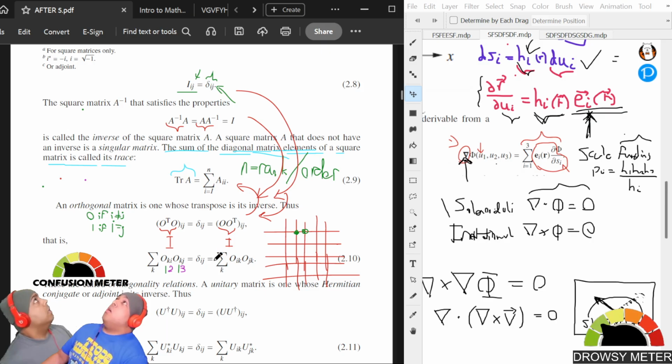Let me also write the numbers over here. i is 2, j is 3. So column 1, row 2, row 3.